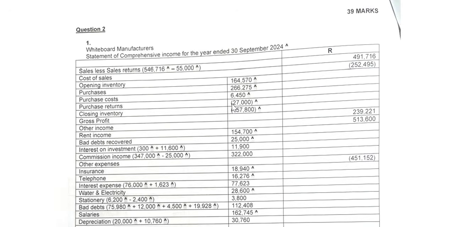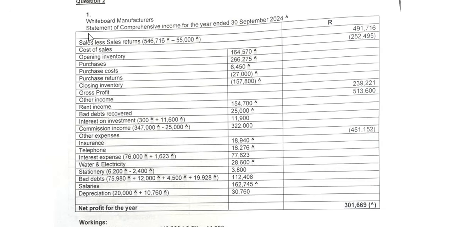Now if we look at the solution here, this is a statement of comprehensive income, and you're drawing it up with the new numbers after the additional information, the adjustments. Now this is a periodic inventory system. If we look here, sales less sales returns is going to give the sales amount of 491,716.